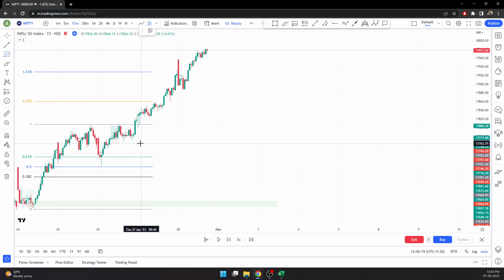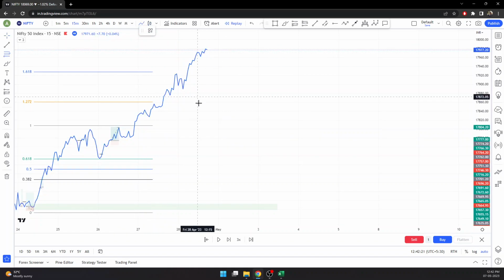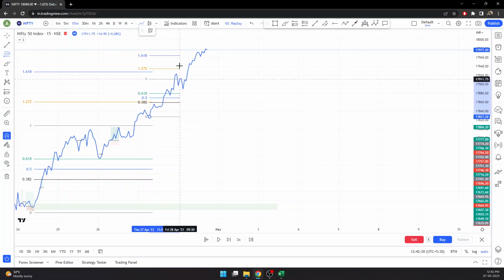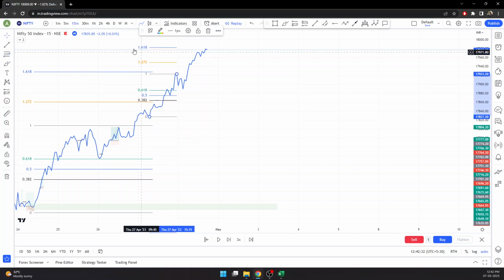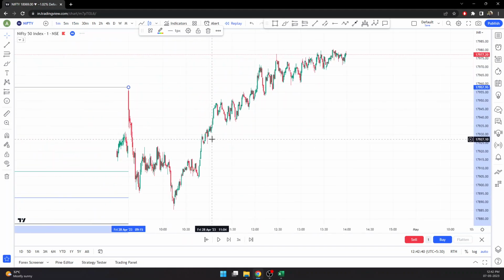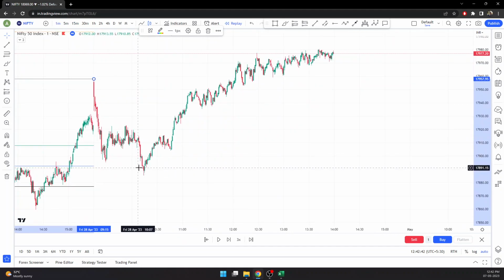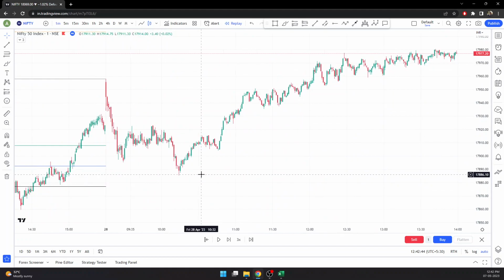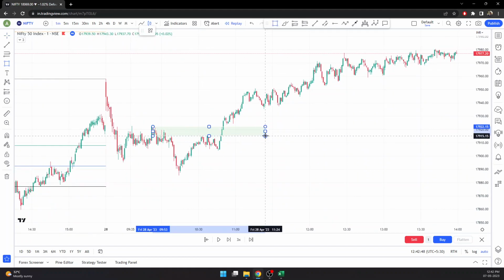This could have been, let's say, let's go to the line chart. This is the swing low, this is the low, this is the low. So from here you can mark this as a high, and this is the 50% zone, right? It almost touched it, and this is the level that I wanted it to break.